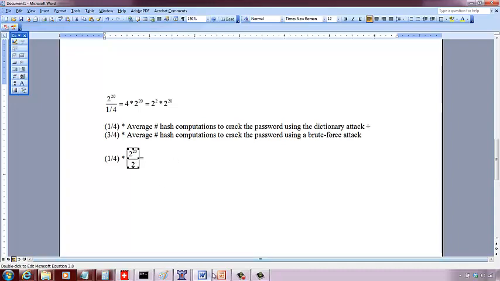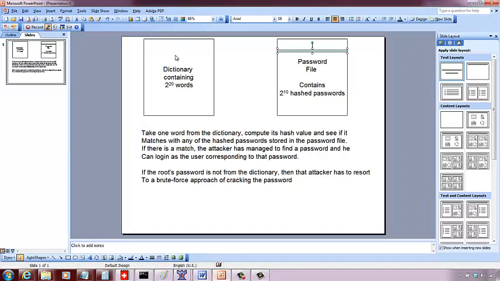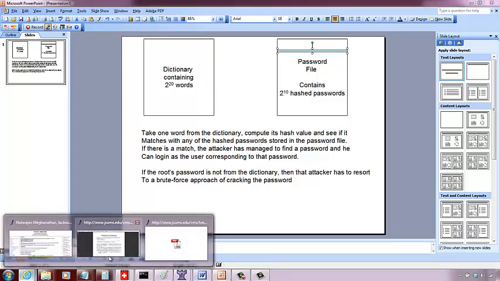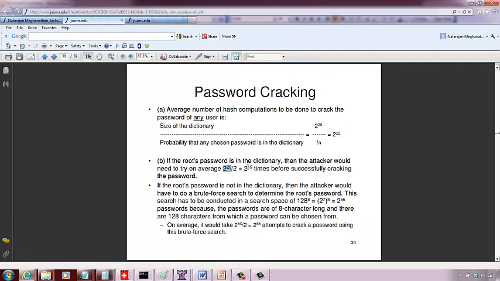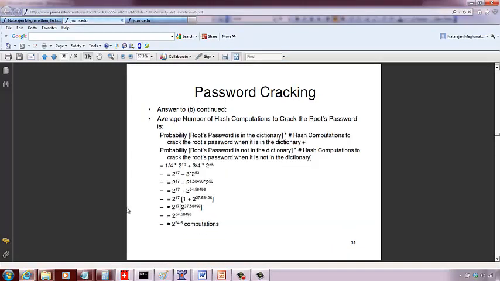Why? Because again, in the worst case, he would have to try all the words in the dictionary. On average, he has to try only half of them. So that's going to be 2 to the 20 divided by 2, which is 2 to the 19, right? So one part of the expression is 1/4 times 2 to the 19.